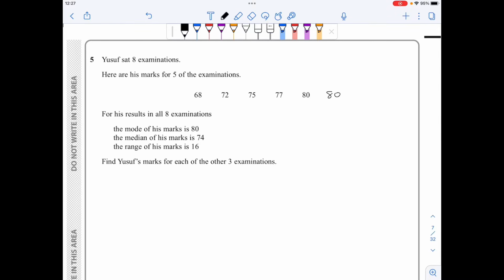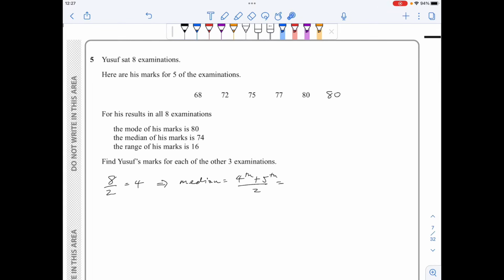To find the median of 8 numbers, you'll divide 8 by 2, which comes out to be 4. Hence, the median is the midpoint of the 4th and the 5th observation. And because our median is 74, it means that I should have an extra number in here. In this case, either 72 and x will be the 4th and the 5th, or x and 75 will be the 4th and the 5th.